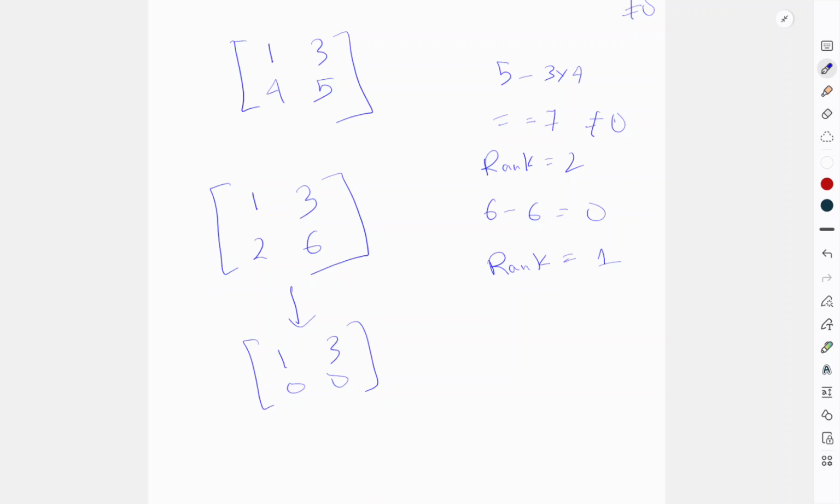Whenever you learn vector spaces, maybe in an upcoming semester, you will learn that the linear combinations of the rows form the row space, and the dimension of the row space is actually the rank. Similarly, the linear combinations of the columns form the column space, and its dimension is also the rank. We'll discuss that later.